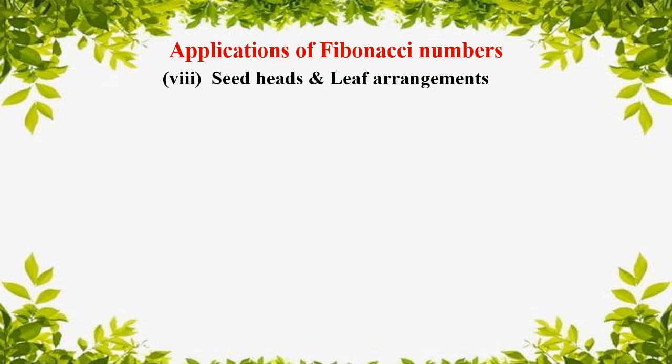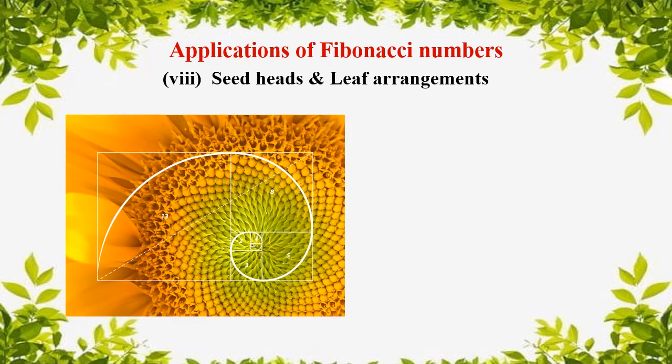The eighth example is seed heads and leaf arrangements. So this is a large sunflower with 89 and 55 spirals at the edge. The same happens in many seed and flower heads in nature. The reason seems to be that this arrangement forms an optimal packing of the seeds so that no matter how large the seed head, they are uniformly packed at any stage, all the seeds being the same size.